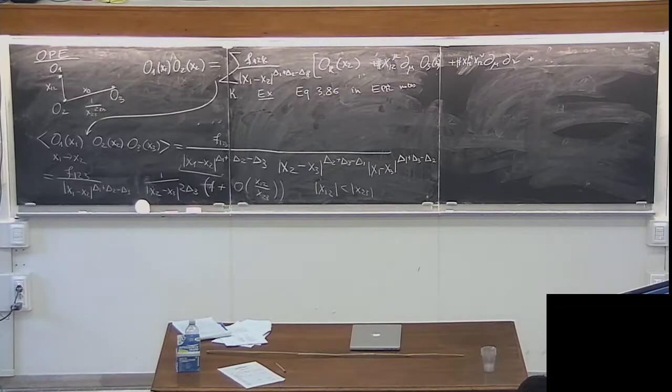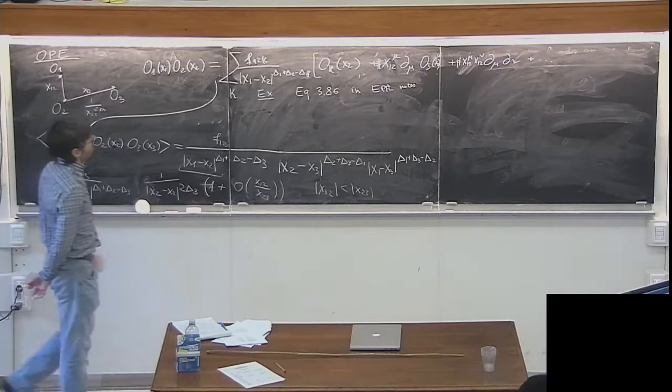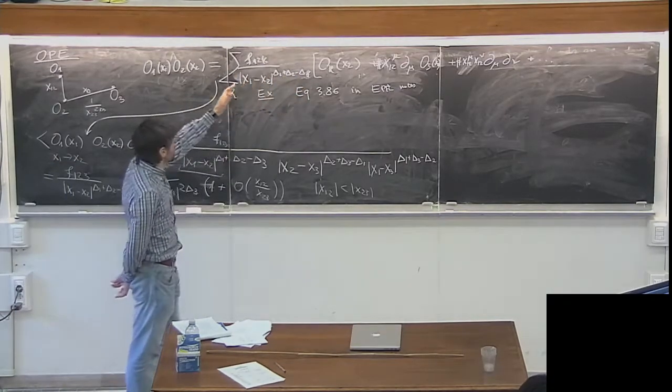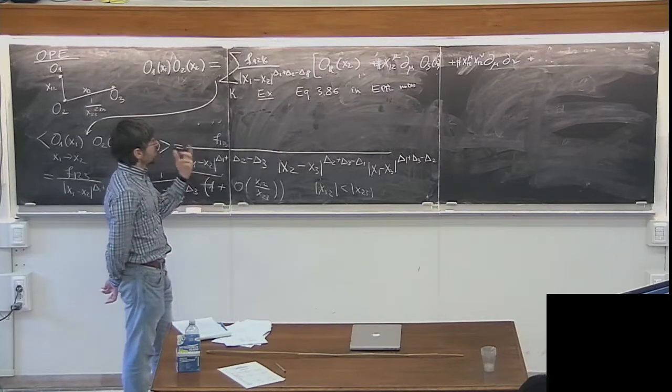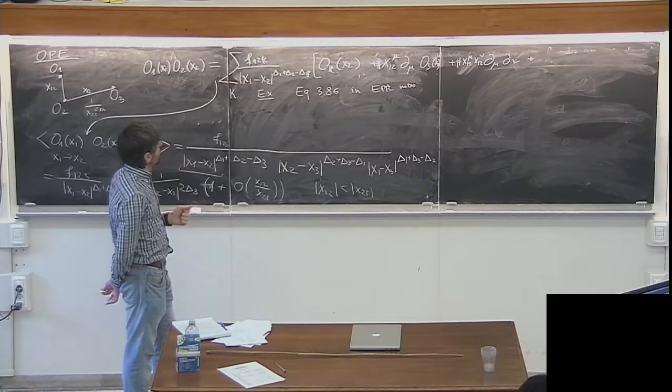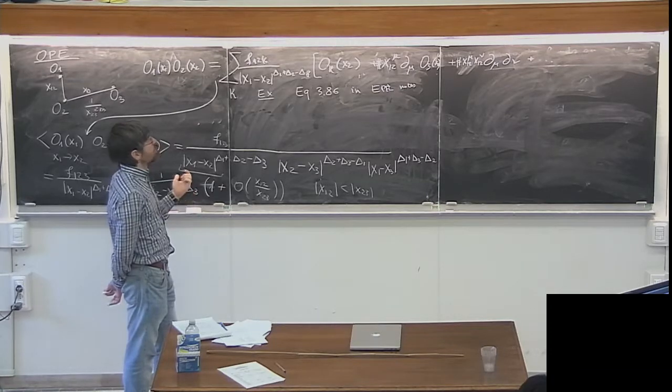So the OPE is infinite, and a priori we don't know any of these numbers, f1 2 k and delta k. These are the CFT data that we are trying to determine. There is only one term in the OPE which we do know, which is the term involving the unit operator.